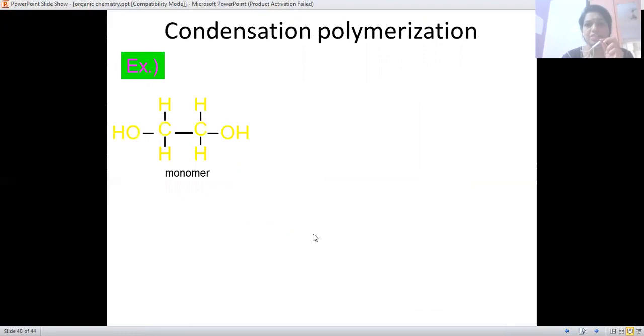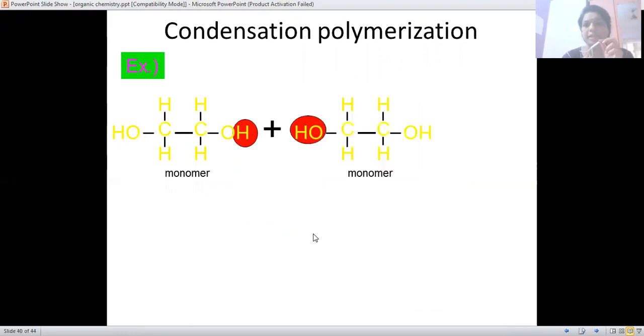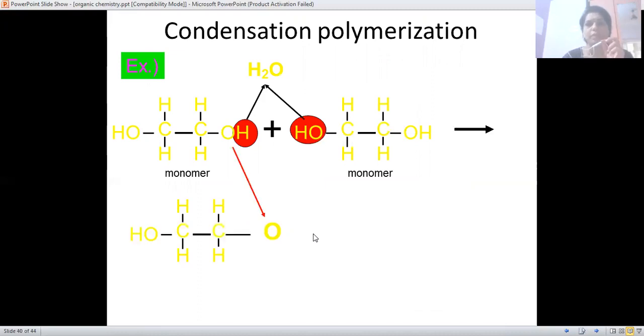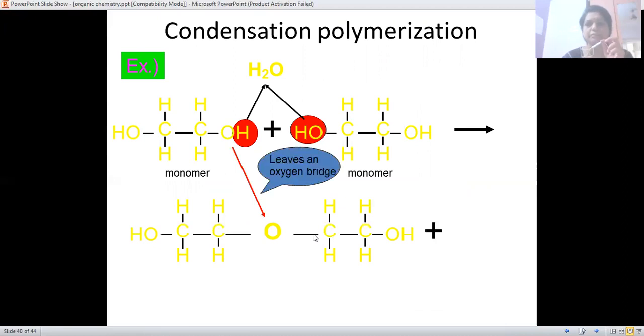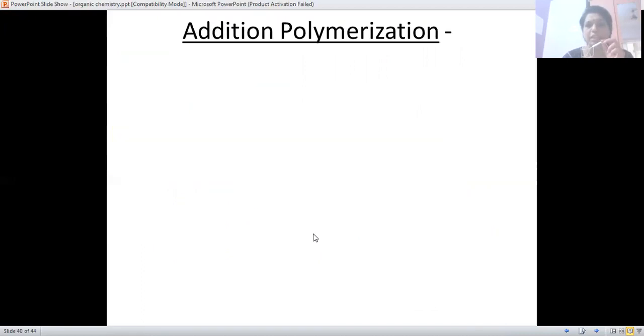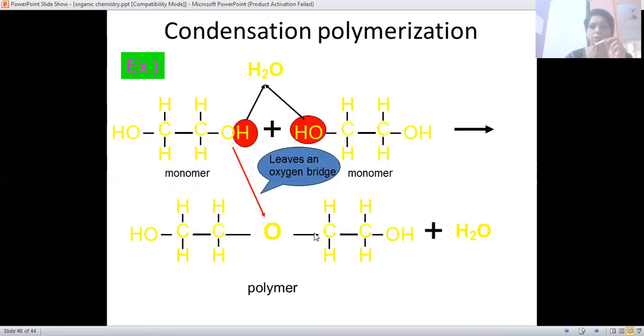Condensation means if two monomers get combined with each other, they will form a larger molecule. It's very simple. One hydrogen gets attached with the release of hydrogen. Simple way. These are the polymers.